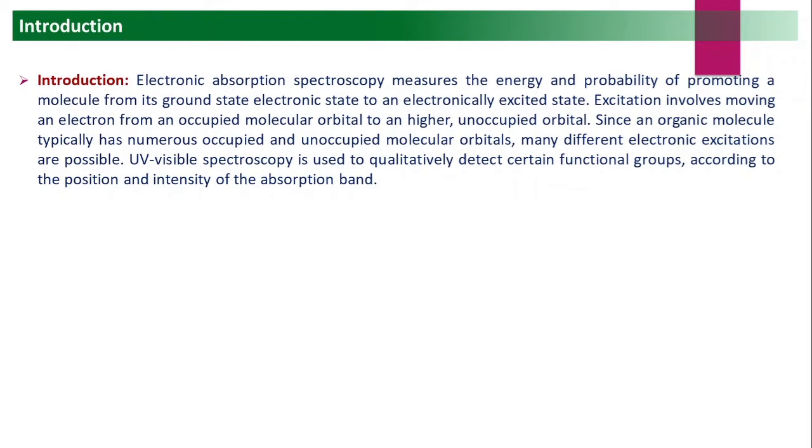So friends, in UV visible spectroscopy there are electronic excitations because energy is very high and wavelength is less, that is 200 to 800 nanometer only. Electrons are excited from a higher occupied molecular orbital to a lower unoccupied molecular orbital.